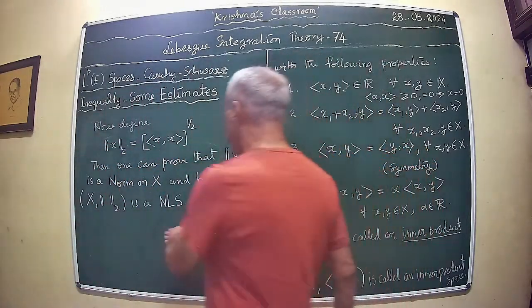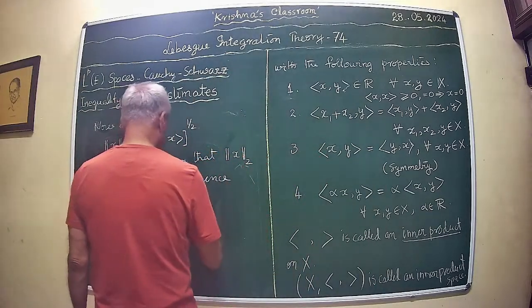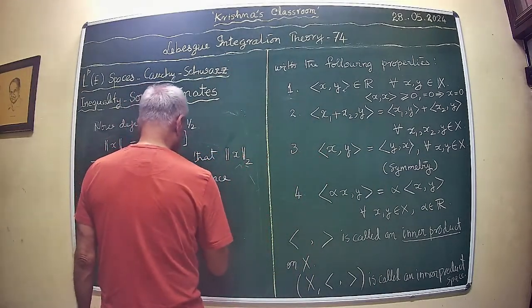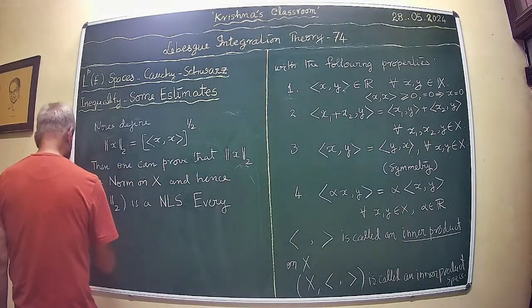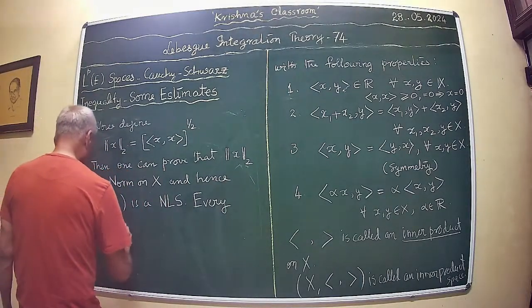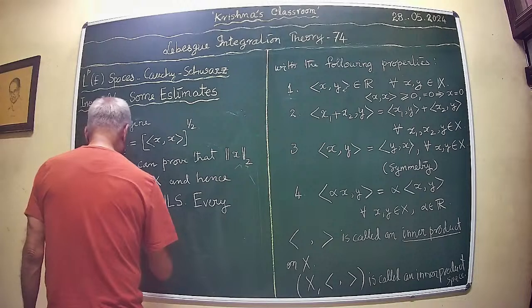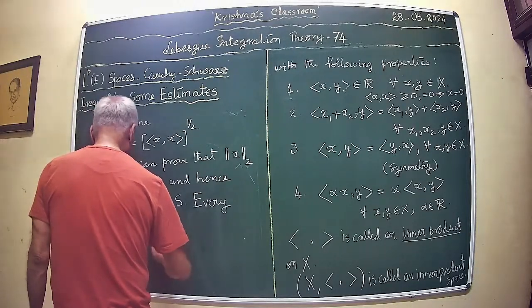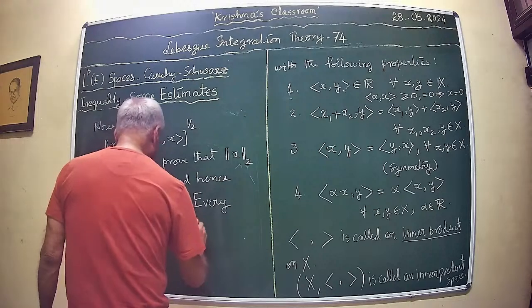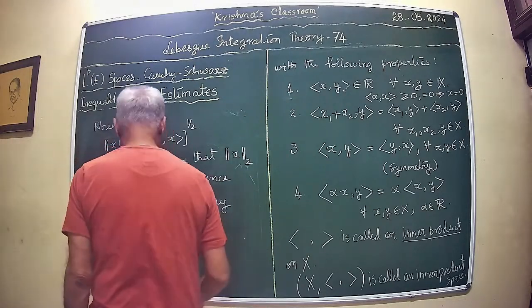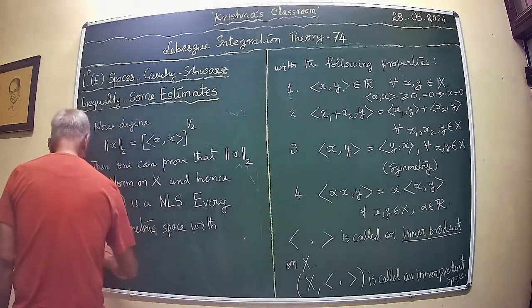Therefore, it is also a metric space, and every normed linear space is a metric space, with the distance defined by the norm.